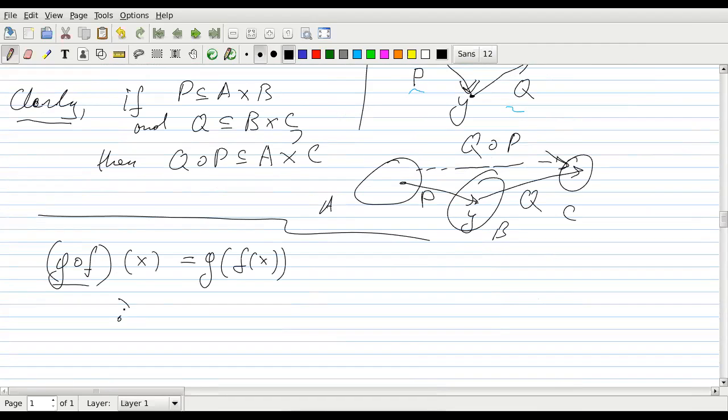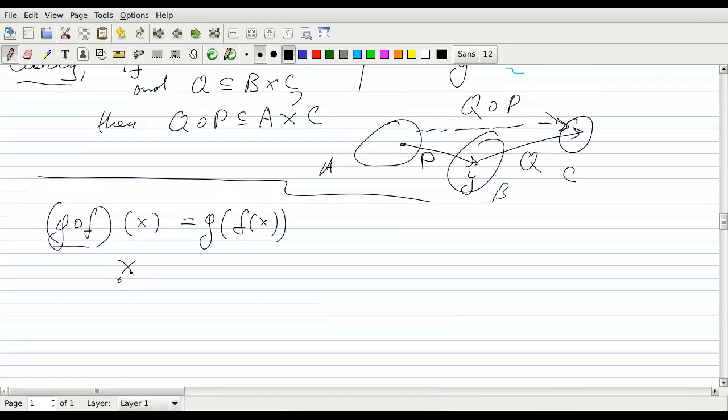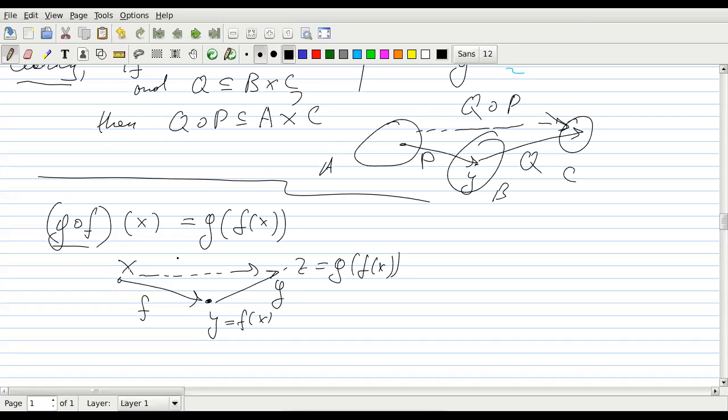So something like that. First acts f, and then acts g. That means that we are applying f composition g to x.